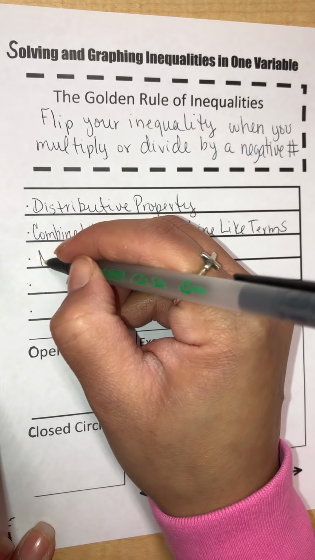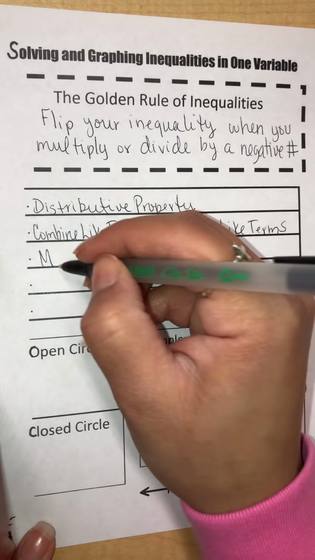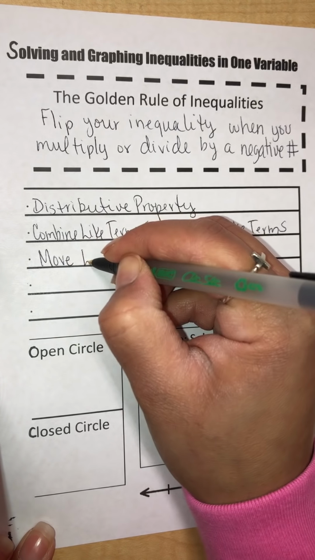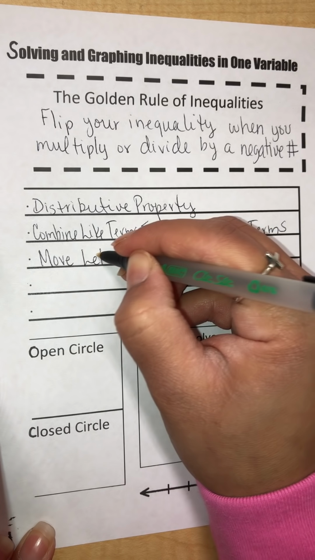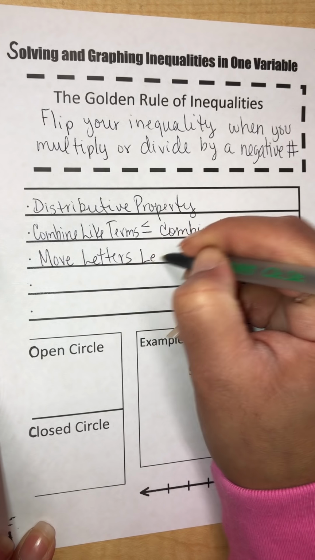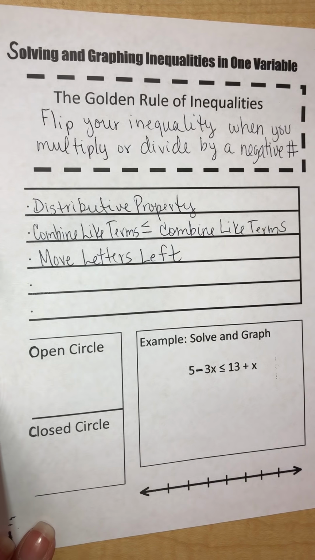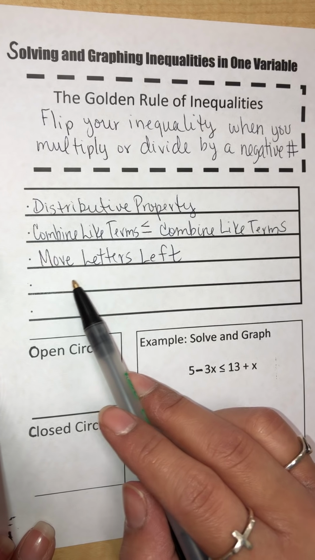Then we'll move our letters. Just to keep it consistent, I think we said we're going to move letters left. L for left. You can move them to either side, but remember that for inequalities, we always want to start with the letter because that's how we read inequalities. So it'd be best if we just move letters left.